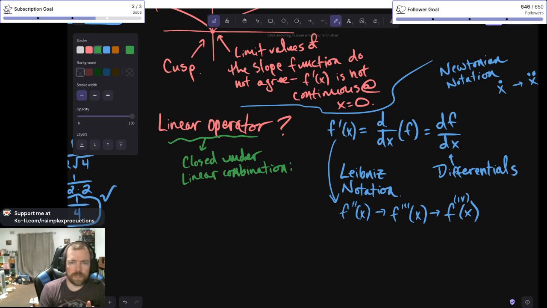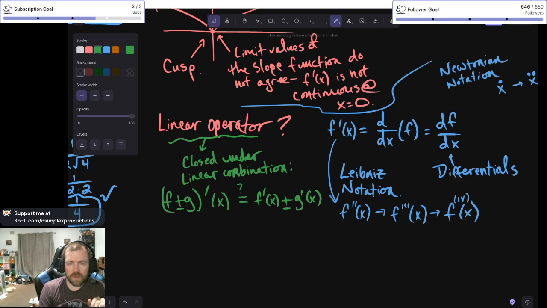So if we end up doing f plus g prime of x, it should be equal to f prime at x plus g prime at x, and we'll throw a minus in there just because.